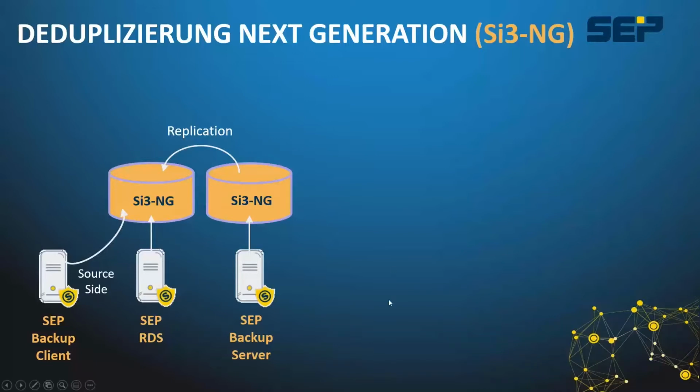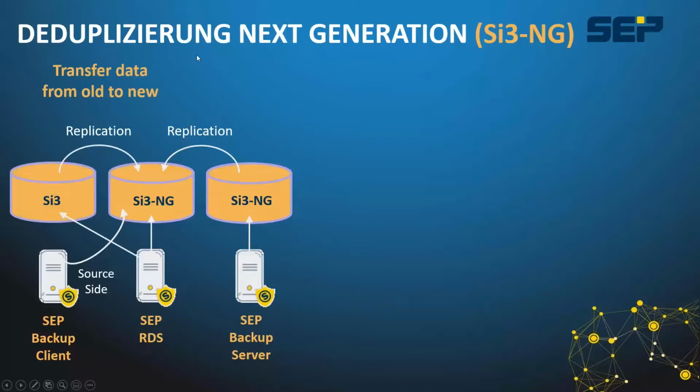Now, what is new is that you can set up both deduplication storages, an old SI3 and a new one, and with that you can replicate, you can transfer the data from the old deduplication store to the new one.